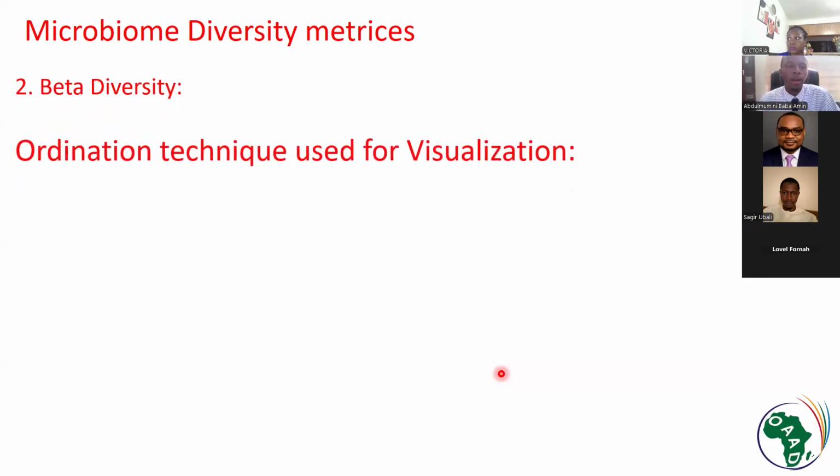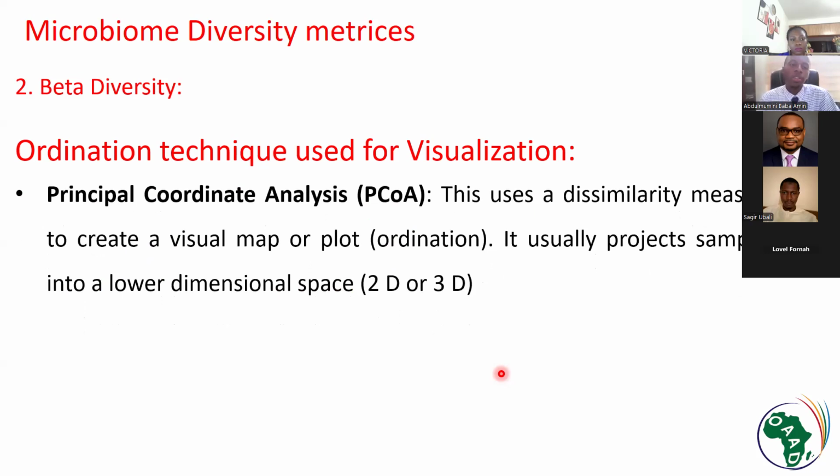Beta diversity is expressed visually via an ordination technique called principal coordinate analysis. This principal coordinate analysis uses a dissimilarity measure, the one we just talked about, either Bray-Curtis or Jaccard.